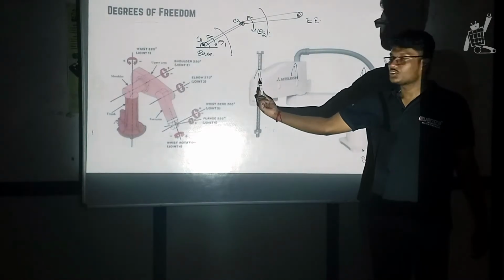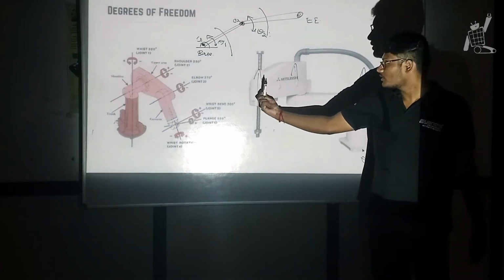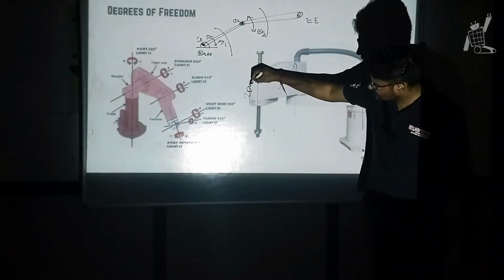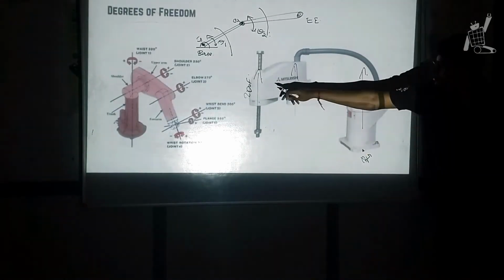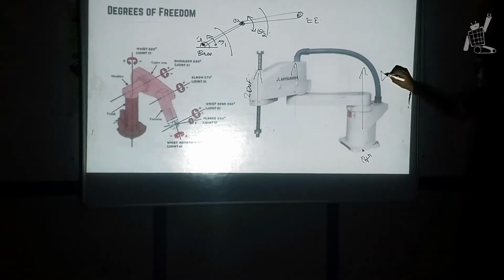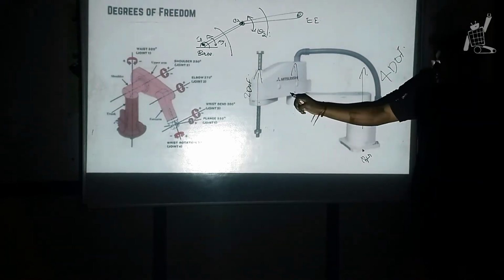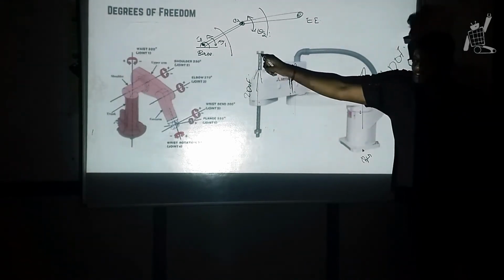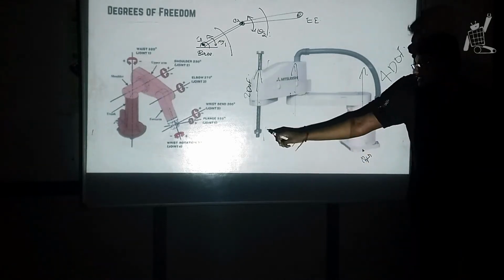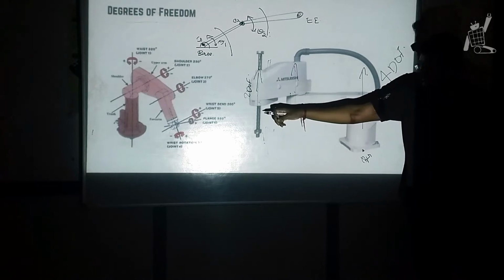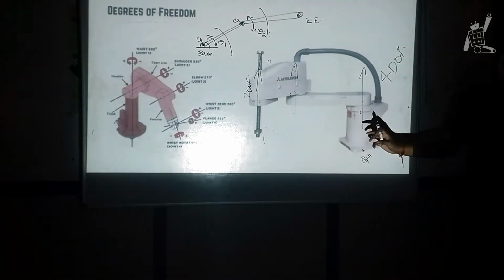So there are two motions. This rotation is there, and it will also move up and down. So here there are 2 revolute joints, so 2 plus 2, 4. So these are 4 independent motions. Here it can rotate, here it can rotate, here it can rotate as well as move up and down. That moving up and down joint is called a prismatic joint, and the rotation joints are called revolute joints.